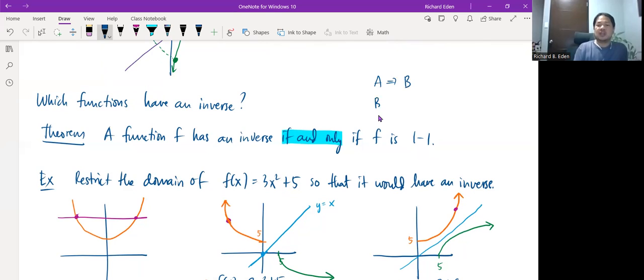Ang converse niya, B implies A. Many times, even if a statement is true, it doesn't follow that its converse is true. However, if the converse happens to be true, then you could say A if and only if B. They both imply the other, which means they are equivalent to each other.